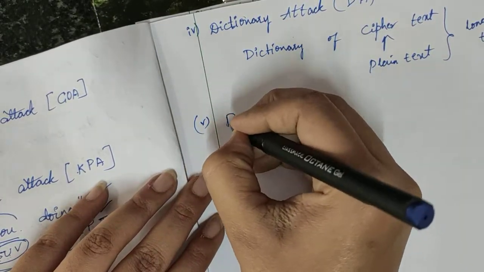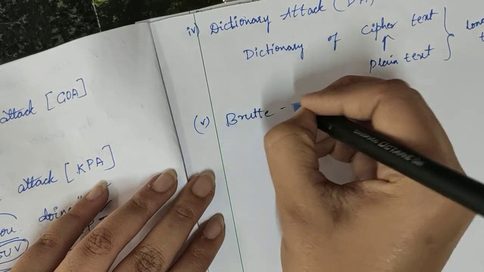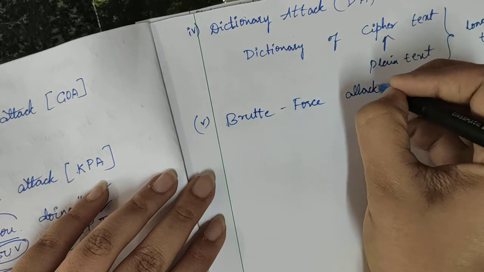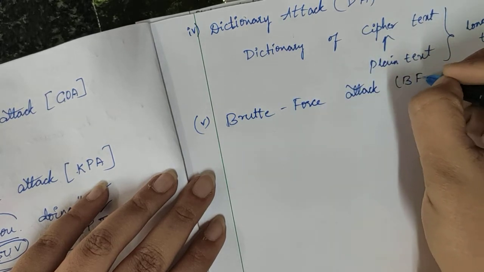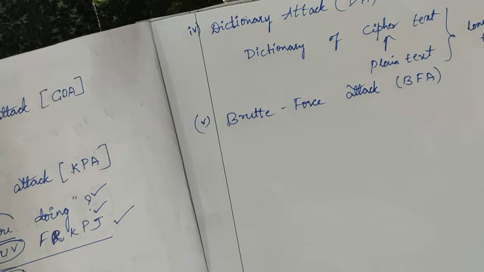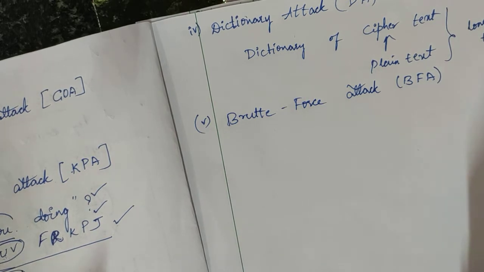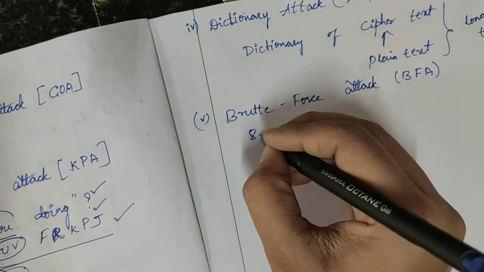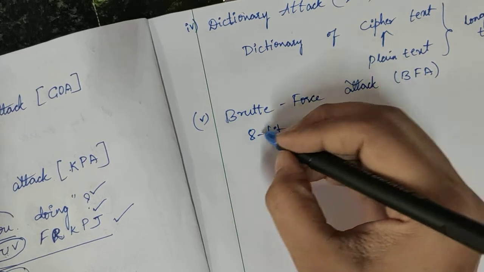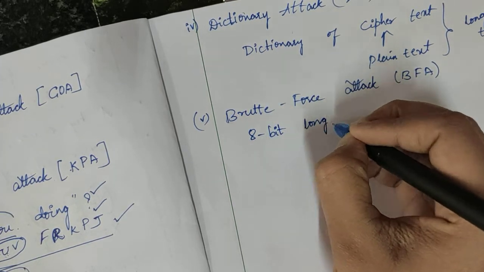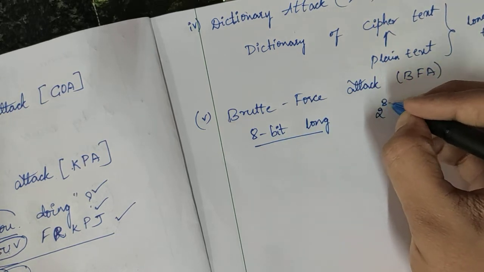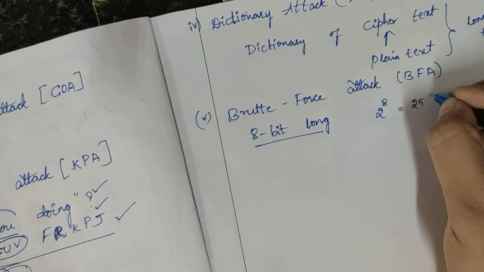And the last one is brute force attack. This is nothing but BFA. In this method, the attacker tries to determine the key by attempting all possibilities. Like if the key is 8-bit long, let us consider we have a key and it is 8-bit long. So for this, the number of possibilities is 2 power 8, which is nothing but 256, right?